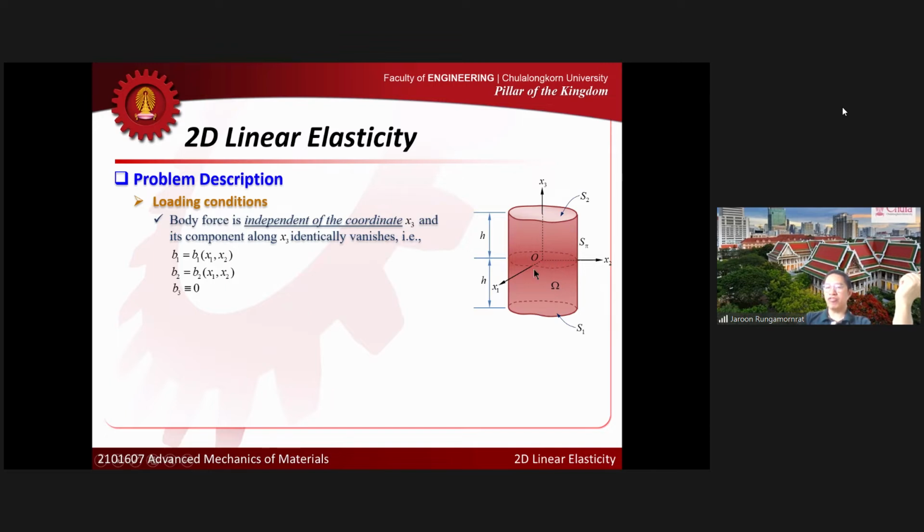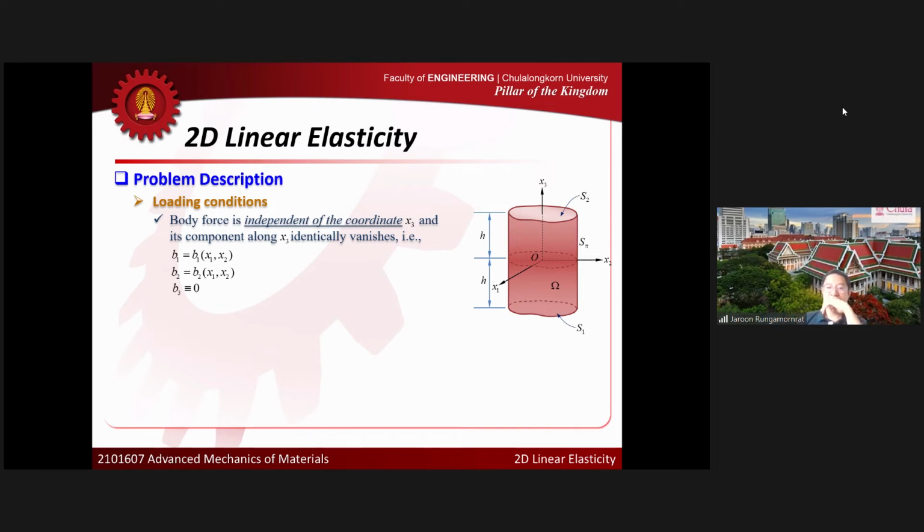The body force is applied in the in-plane direction, and when you move from cross section to cross section in the x3 direction, you don't see a difference in the body force field because it is independent of x3. Is that clear to you?